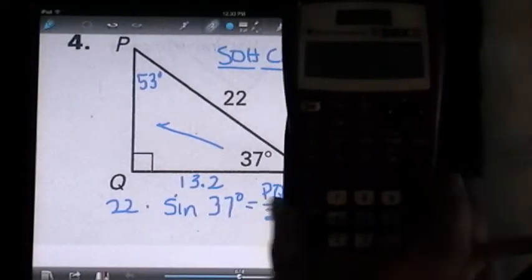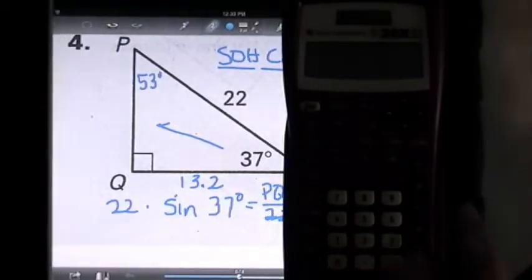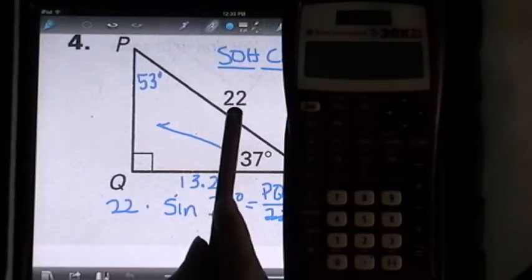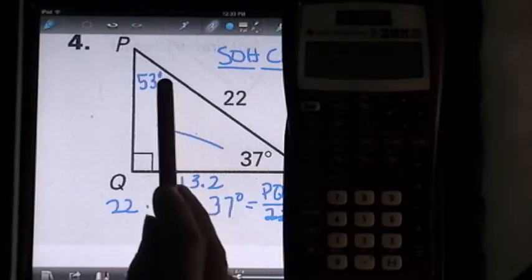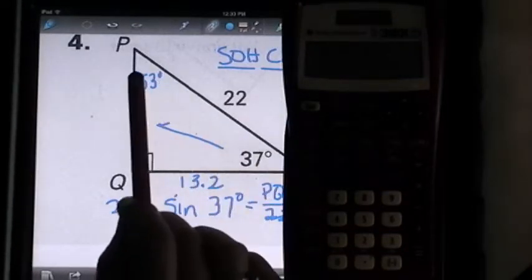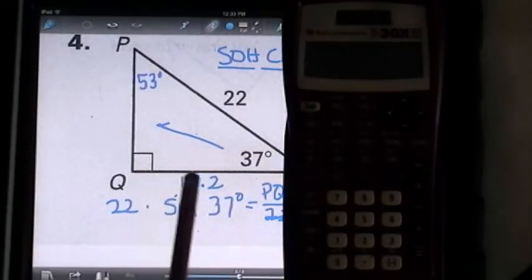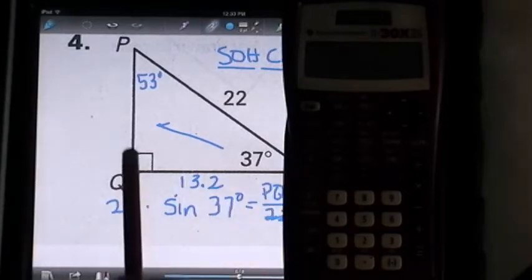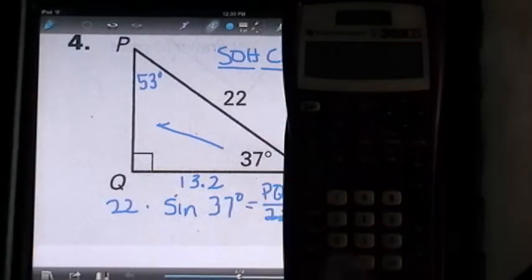I'm going to show you how to do it all on your calculator. So we'll start with this is 22 and this is 13.2. This is the hypotenuse. So we're going to square the hypotenuse and subtract the square of the side, and that will give us the square of the other side.